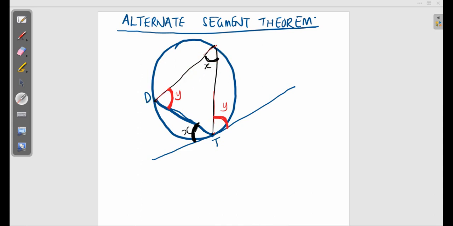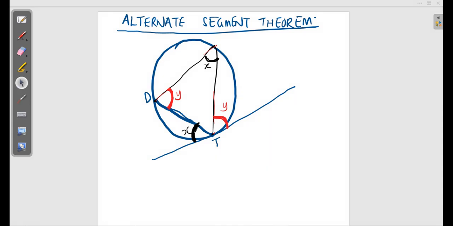So x will be the same as x. I also said the angle here is also an angle between a chord and the tangent. If you pick this chord, then this chord will form a particular angle at this point, and that is the alternate segment theorem. It's as easy as that.